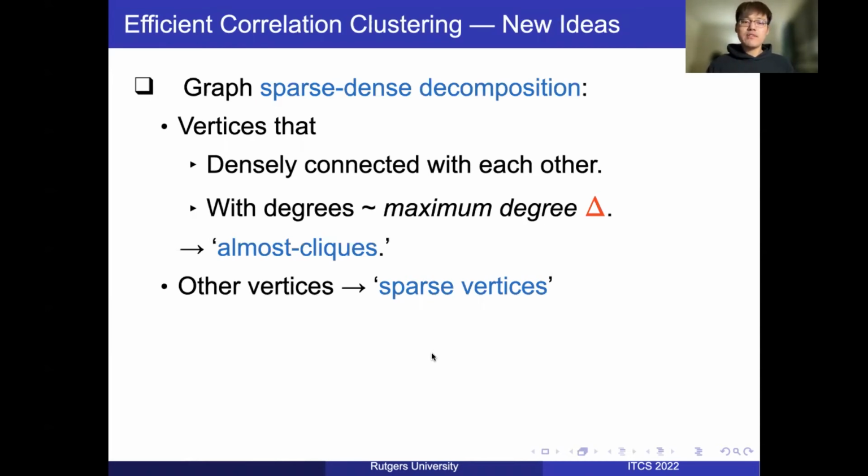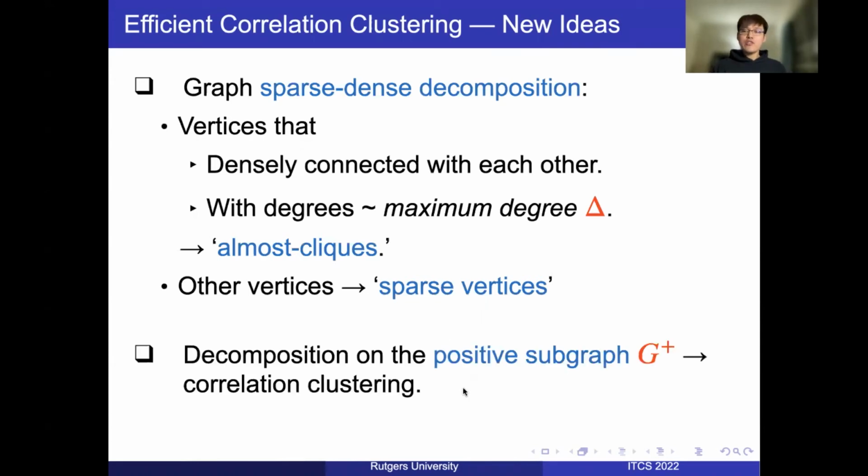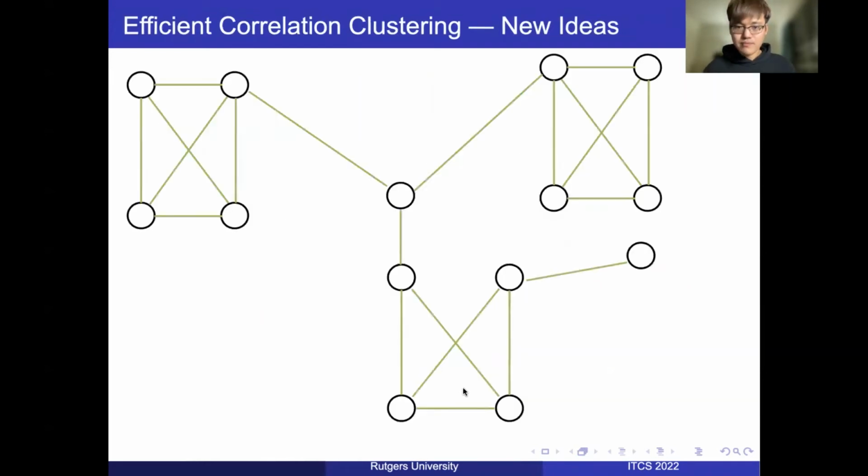The first is the almost cliques, which are vertices that are densely connected with each other, and their degrees are around the maximum degree delta. For the vertices that cannot join any almost clique, we call them sparse vertices. So a natural idea here is to decompose the positive subgraph G+, and then do the correlation clustering based on the results.